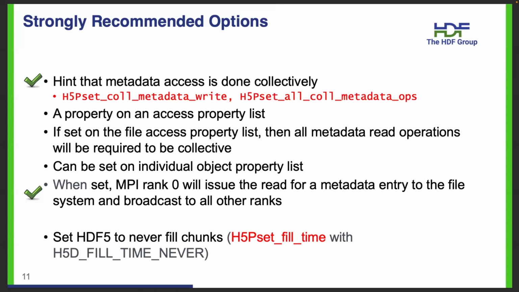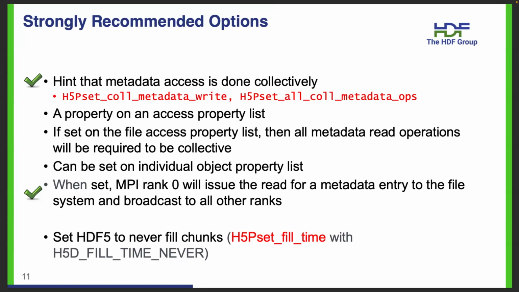One place where that comes up is if you create your data set, your structure, on one rank, in serial. It has different allocation times when you create those data sets. So in serial, it doesn't allocate the data until you actually write the data.